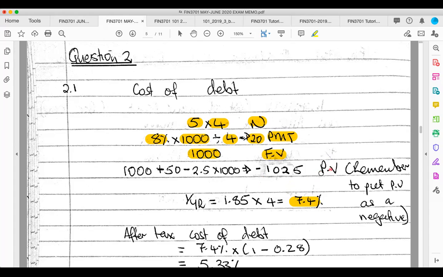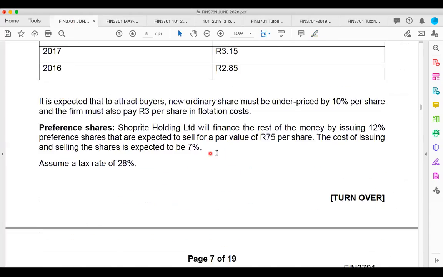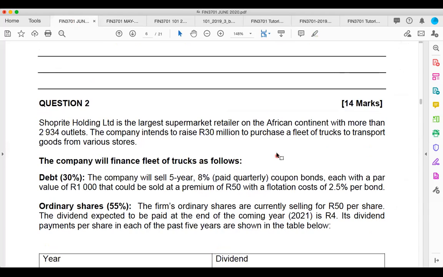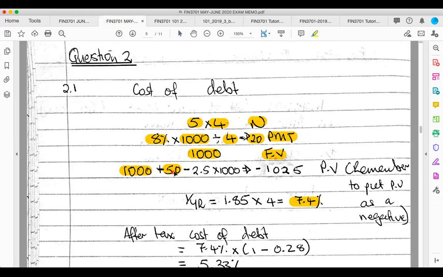And then the PV, the price, the proceeds. We take the par value and then we add the premium. If it was a discount, we would subtract it, but here they changed it in this paper. Sometimes you have a discount, but in this paper, we have a premium of 50 Rand. So we add 50 Rand, and then we subtract 2.5%.